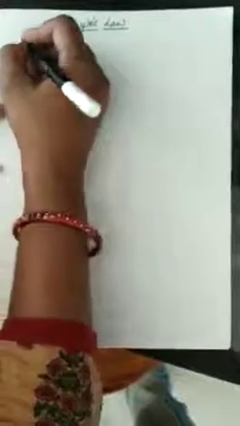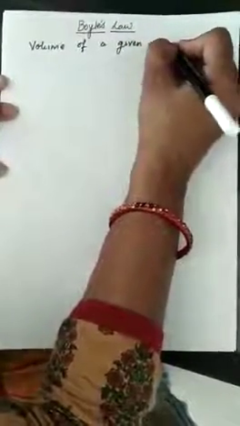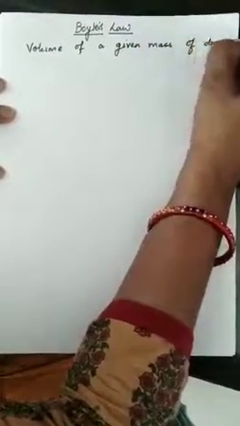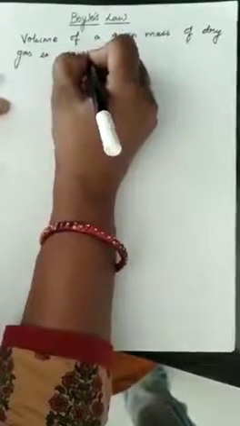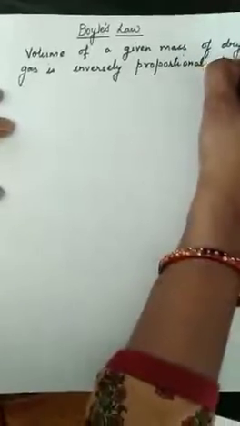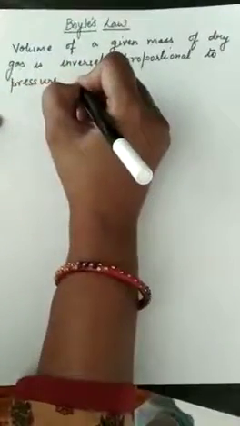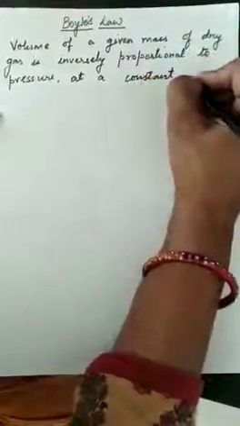If you try to find out the statement of Boyle's law, it says that the volume of a given mass of dry gas is inversely proportional to pressure at a constant temperature.